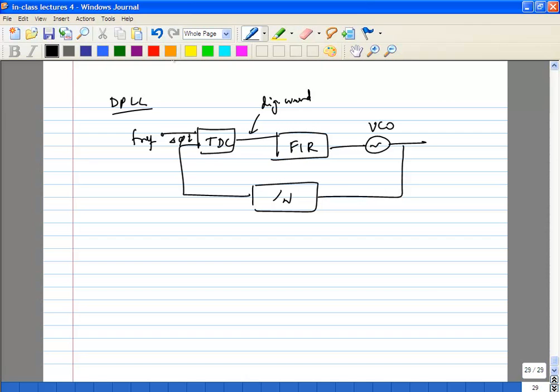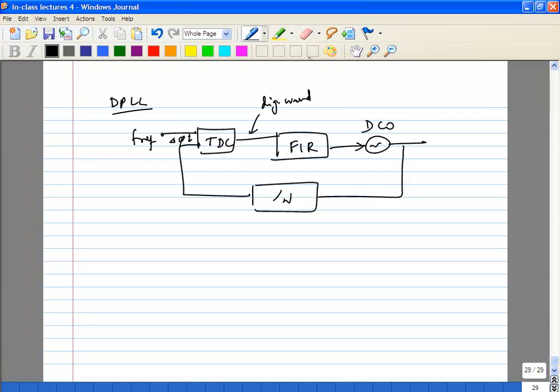Then you use some kind of digital filtering to filter the digital word, and that is directly fed to what is called the DCO, or the digitally controlled oscillator.